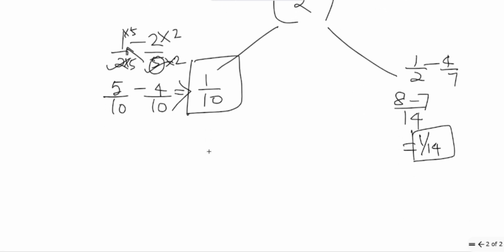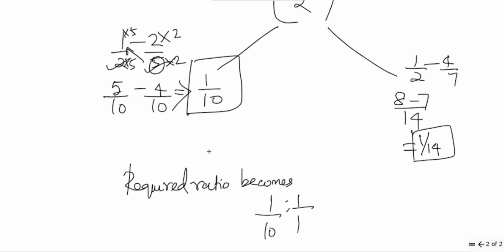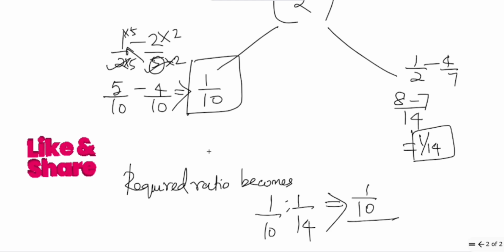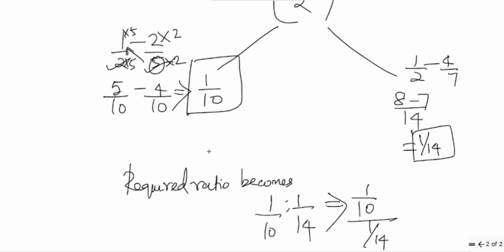The required ratio becomes 1 over 10 is to 1 over 14. So if we simplify this completely, how to express this, 1 over 10 divided by 1 over 14. Ratio can be expressed as a fraction, so that becomes 14 over 10. So 2 goes into 14 7 times and this is 5. So finally our answer is 7:5. This is our actual answer.